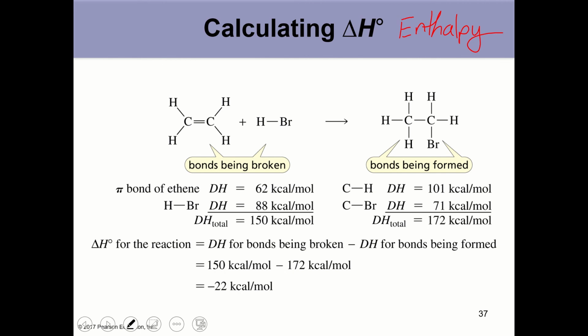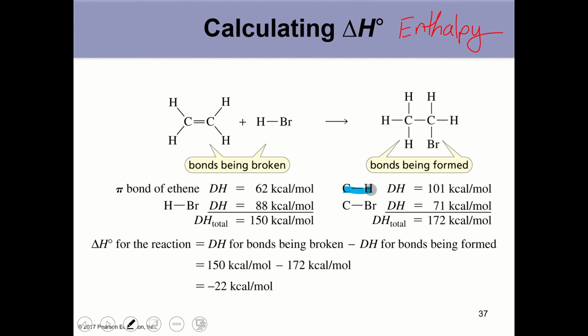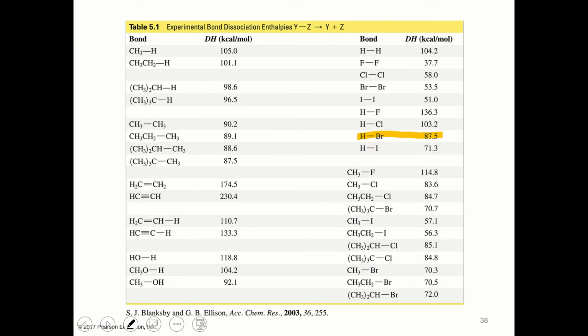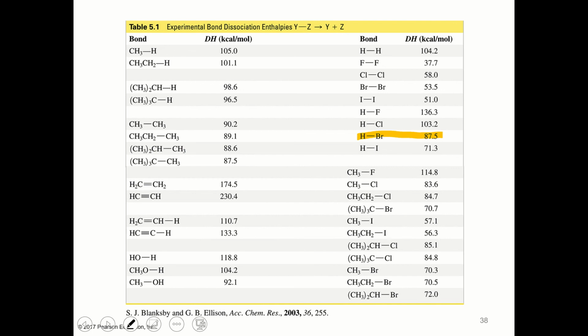Now let's look for the other values. C to H. Where is our C to H? We're looking for the value 101 kilocalories. Our carbon to hydrogen bond for a carbon that is bonded to another carbon is 101 kilocalories, shown at the highlight.